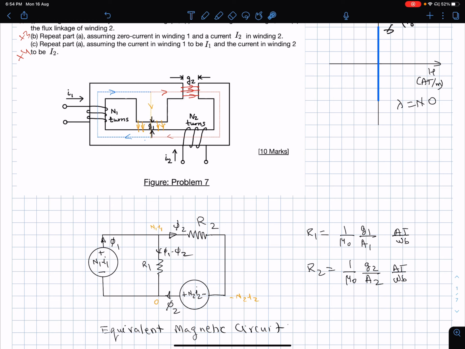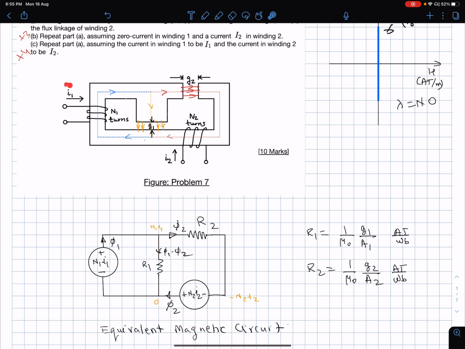And the other thing is, in this path here, it will also see an MMF rise of N2 I2. So there is an MMF jump which is going to happen here, which is of N2 I2. And you can see that the flux which is created by the current entering I2, if you use the right hand screw and rotate it in the direction of the current, it will trace exactly the same arrow as this blue arrow.